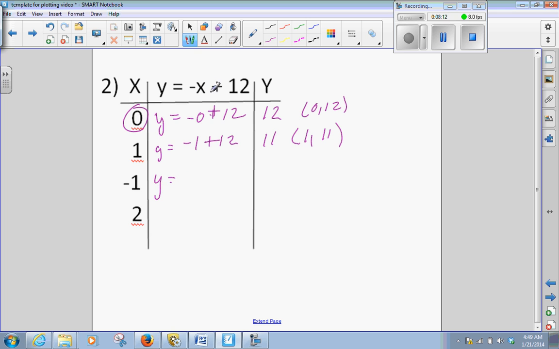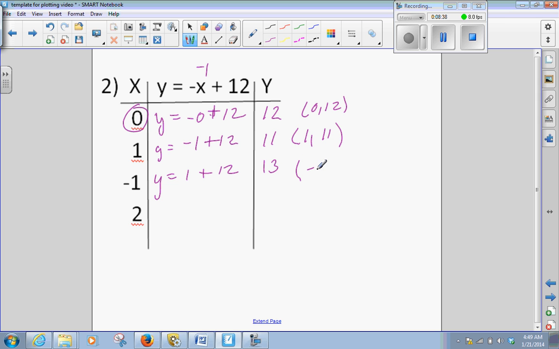Next, instead of putting in a negative x, now think about this for a second. If I put a negative 1 in for x, it's a negative negative 1. So what happens when you have two negatives? Those two negatives cancel, and it's actually going to be a positive 1 plus 12, which means that y is going to be 13.